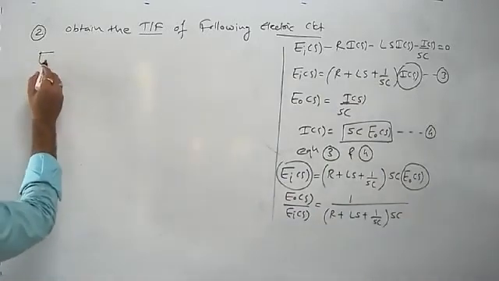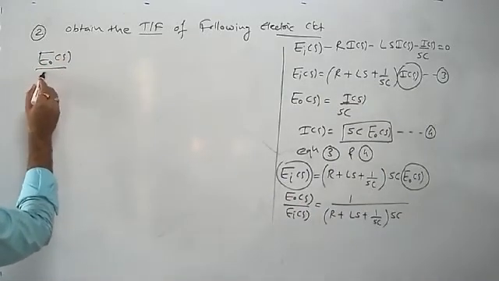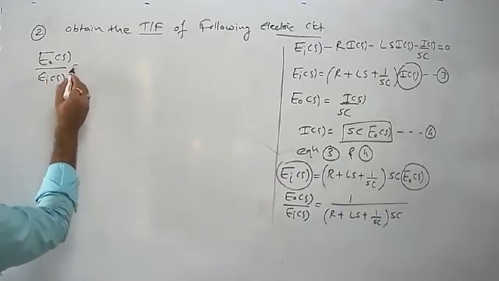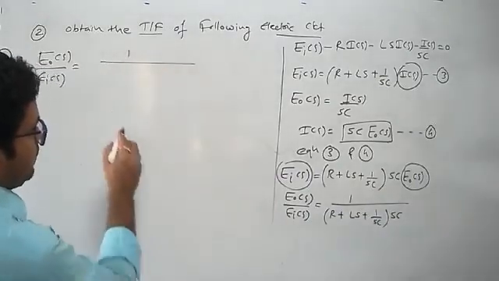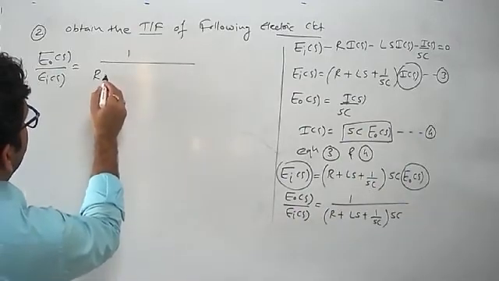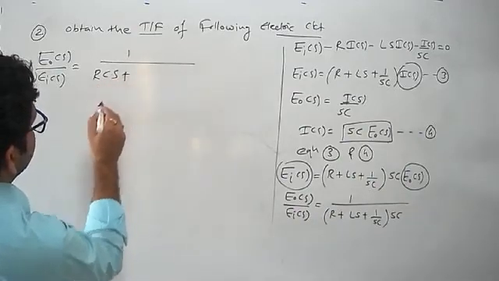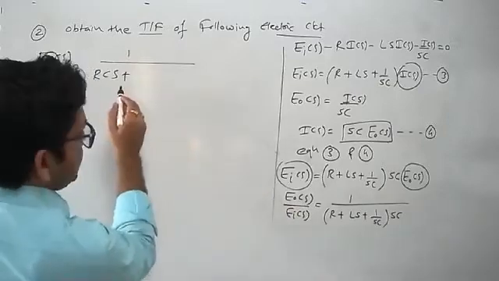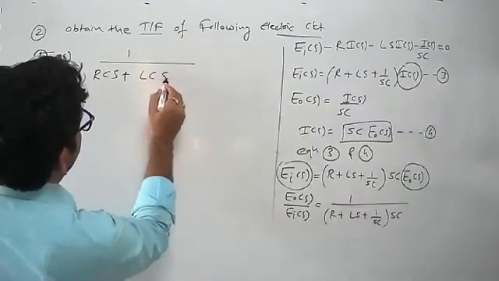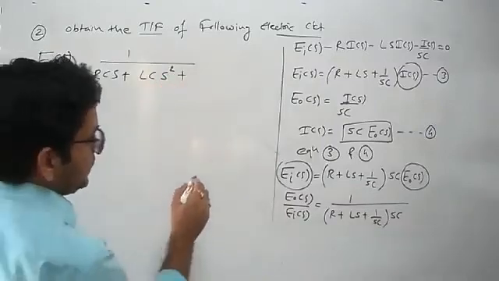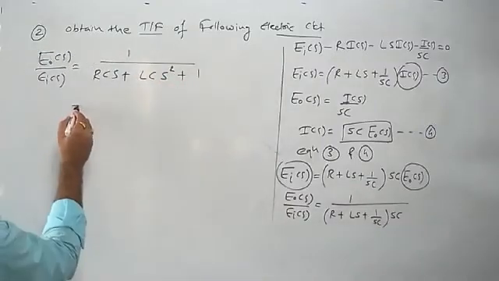If you further solve, output by input is nothing but 1 upon, if you multiply it by SC, here we are having R into C into S plus L into C into S square plus 1.